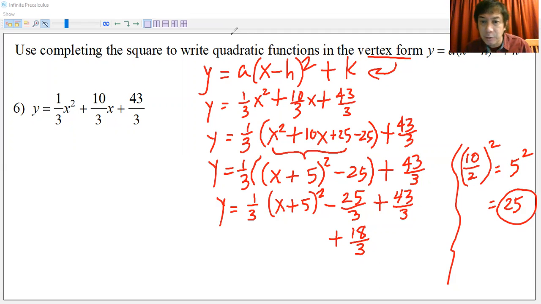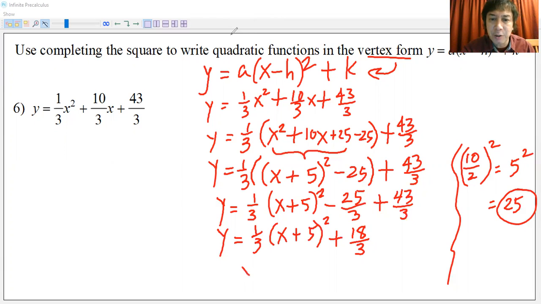The rest of the left side will just be rewritten. So this will now be y is equal to 1/3 x plus 5 squared. There. And we can still simplify. 18 over 3 is a whole number 6.